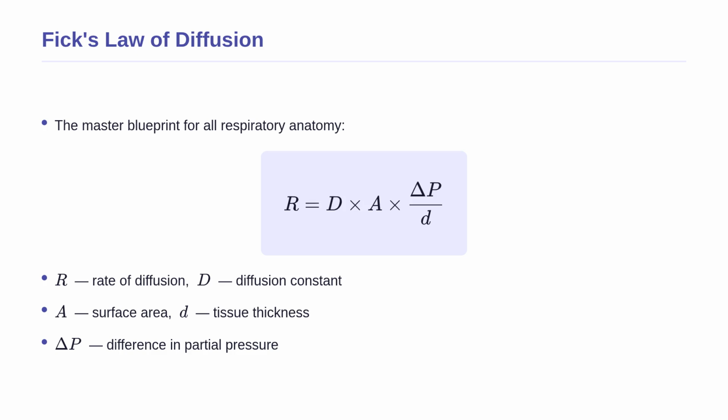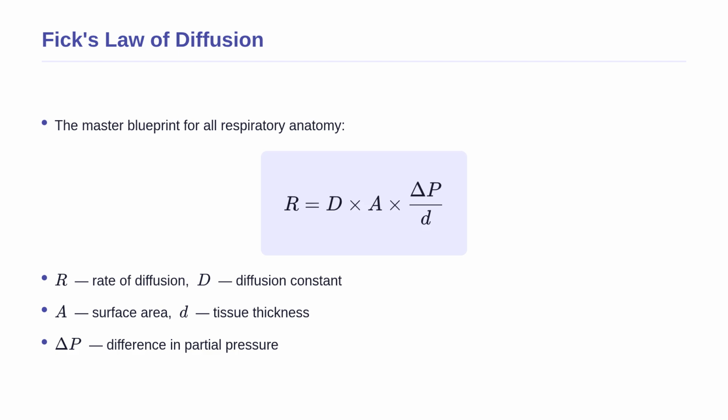Now that we understand the concept of diffusion, let us look at the mathematical rule that governs it. This is Fick's law of diffusion, the master blueprint for all respiratory anatomy. It tells us exactly where these organs come from conceptually. The variable R is the total rate of diffusion, meaning how fast oxygen enters the blood. D is a constant, depending on the gas.